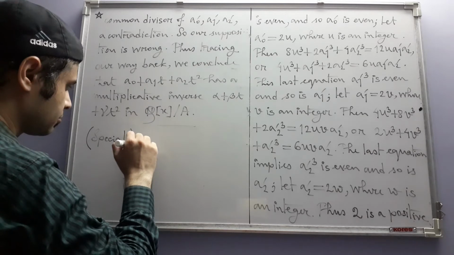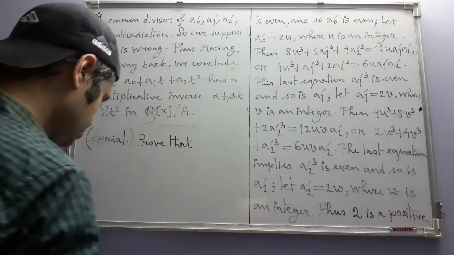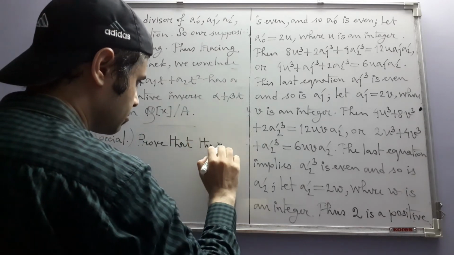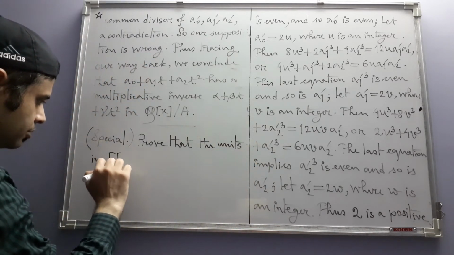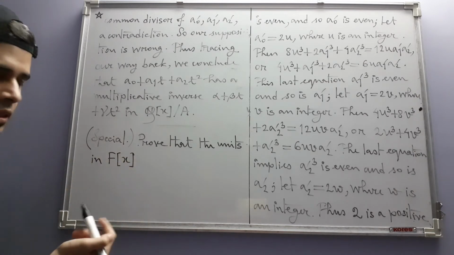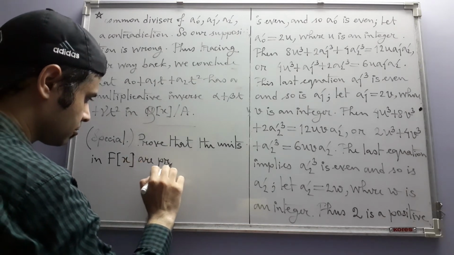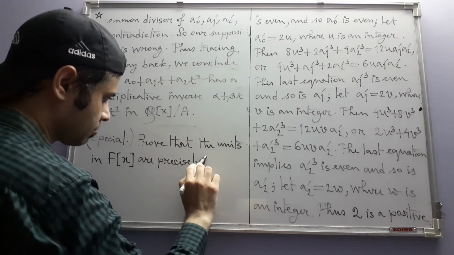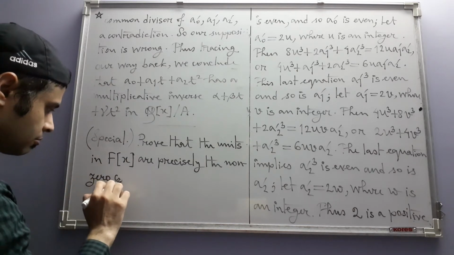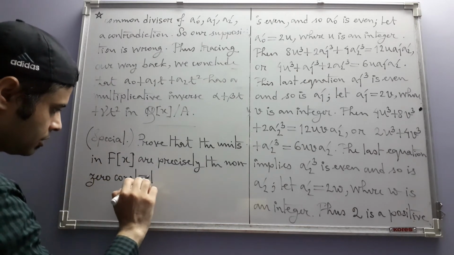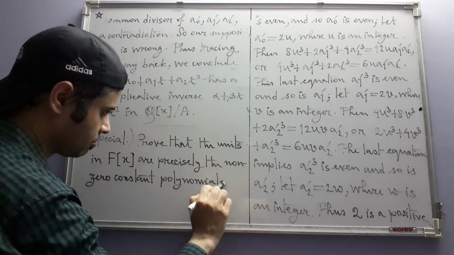Prove that the units in the polynomial ring F[x], where F of course is a field, are precisely the non-zero constant polynomials.